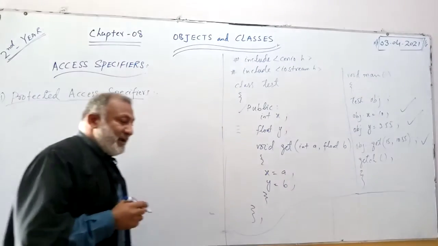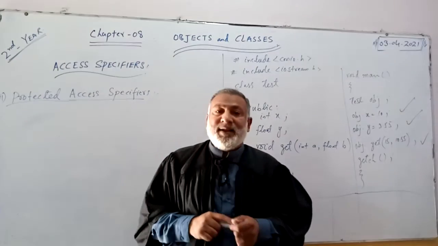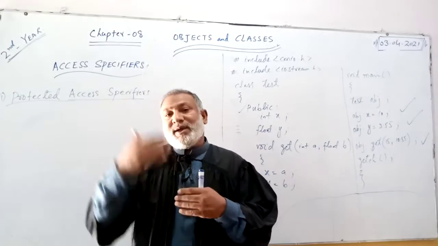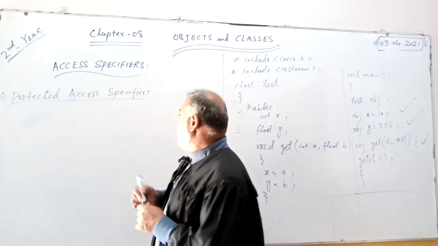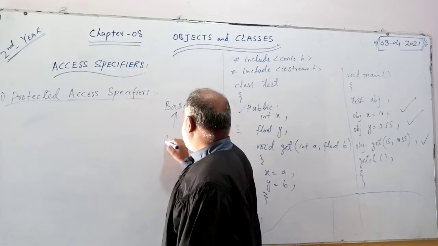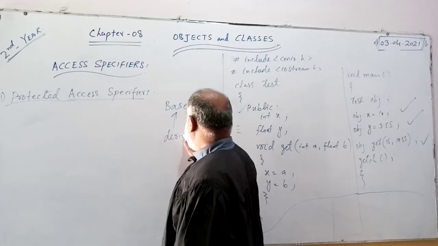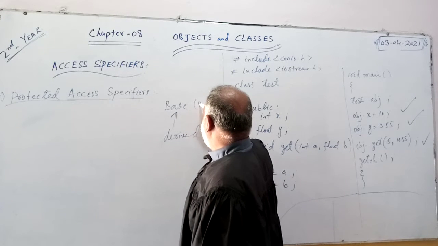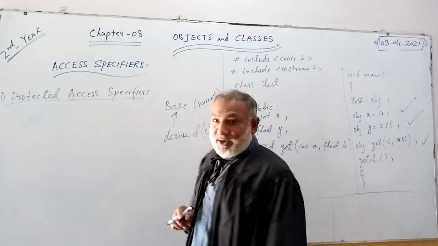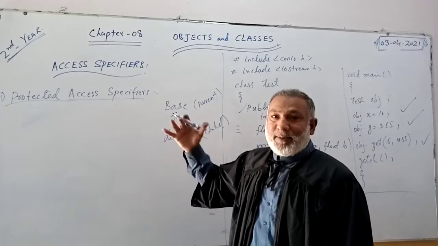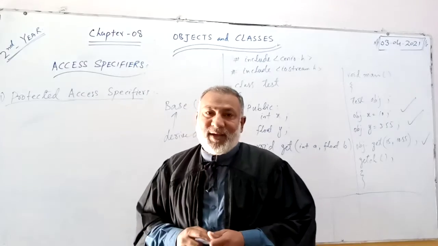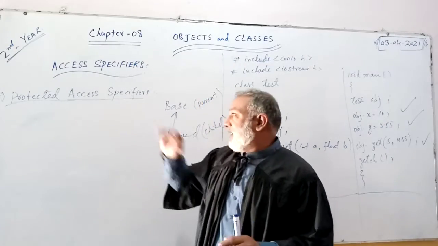The protected access specifier is specially designed for inheritance. In inheritance, we have a concept of base and child: a base class which is derived by a derived class, or you can say a parent class and a child class. When you have a base and derived, or parent and child class, we normally do not use the private access specifier in the base class; we use protected.